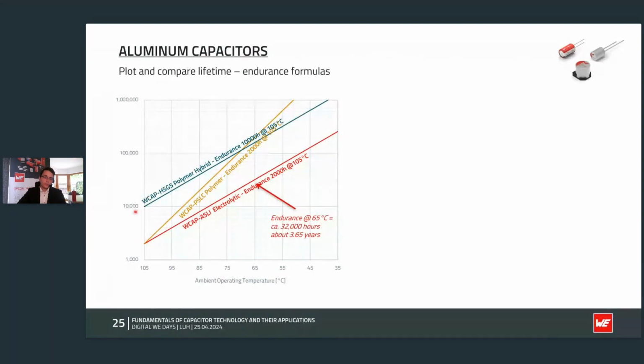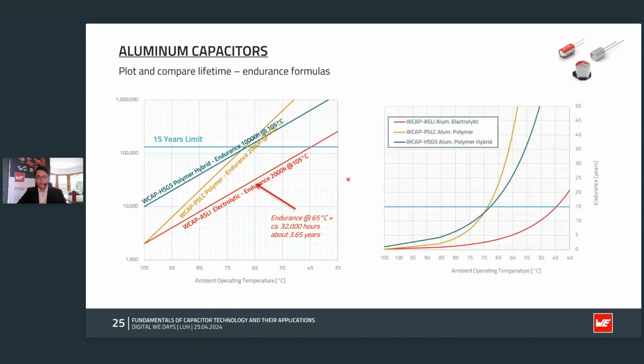What we also show here is the hybrid polymer capacitor, and you can see that especially in the higher temperature region, the hybrid polymer offers a higher lifetime for these parts. And then we also have our limit of 15 years for the recommendation. This one is more or less the same graphic, just a different style to show it.